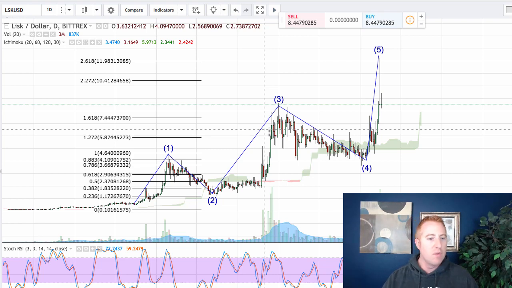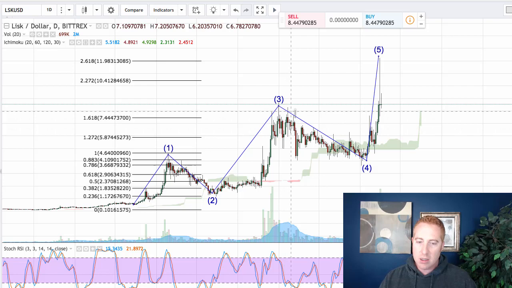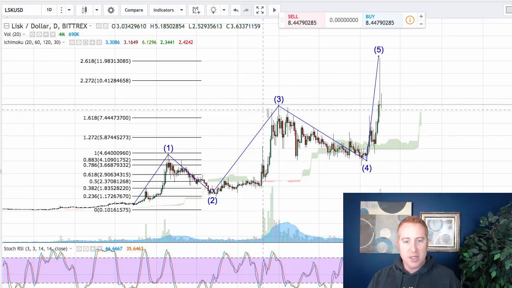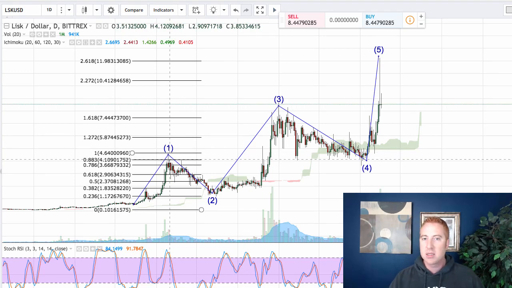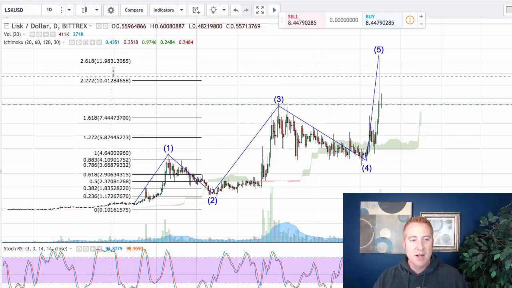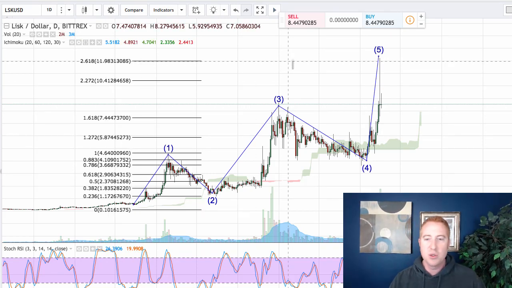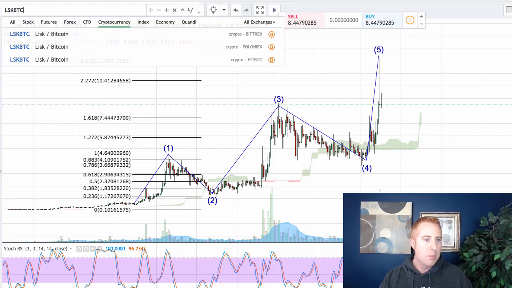It happens over and over again in the market. So once this first wave happened, we know a general area of where the 3 is going to go. And then a lot of times the coin will retrace back down to the top of the 1, and then we have these extension targets going up to the 5. A lot of times the 5 will be around the 2.618. It was right there. And so let me go over to the LSK Bitcoin chart.